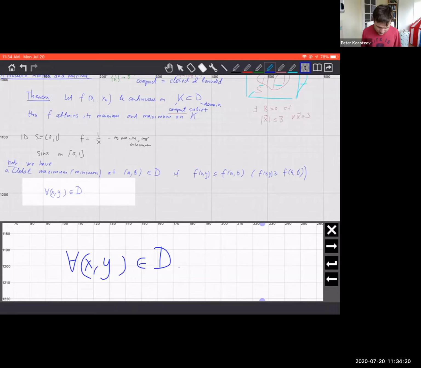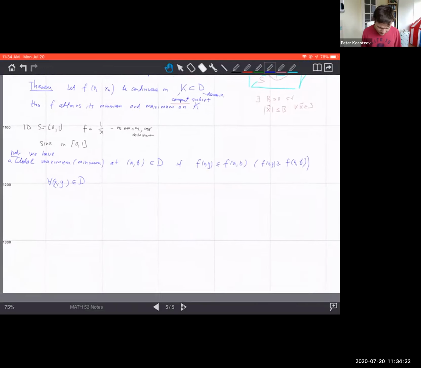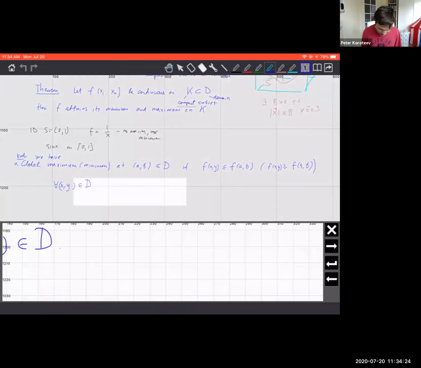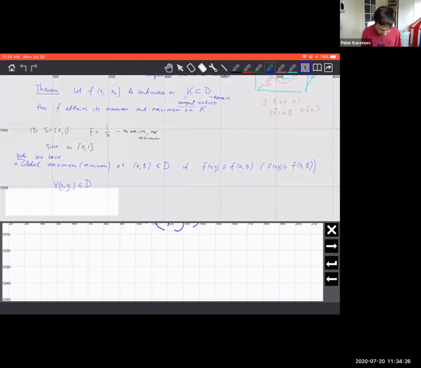So therefore, the algorithm of finding minimum and maximum would be this. First, find local extrema.